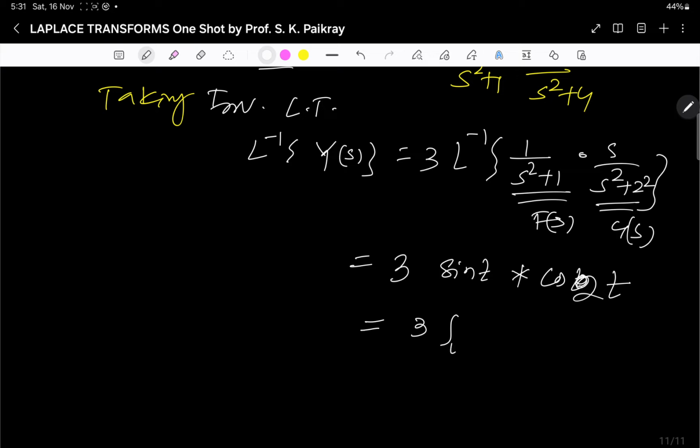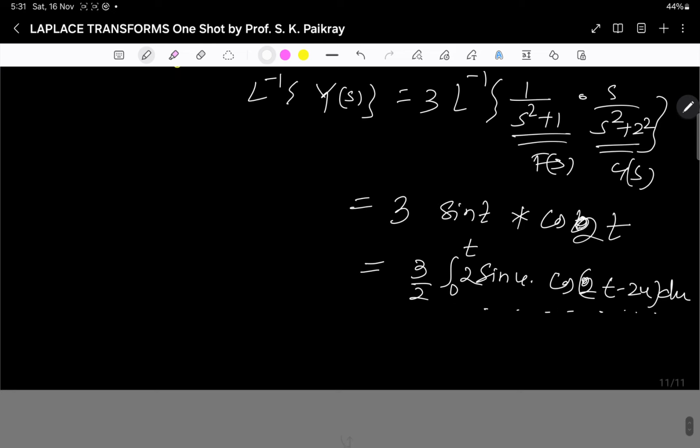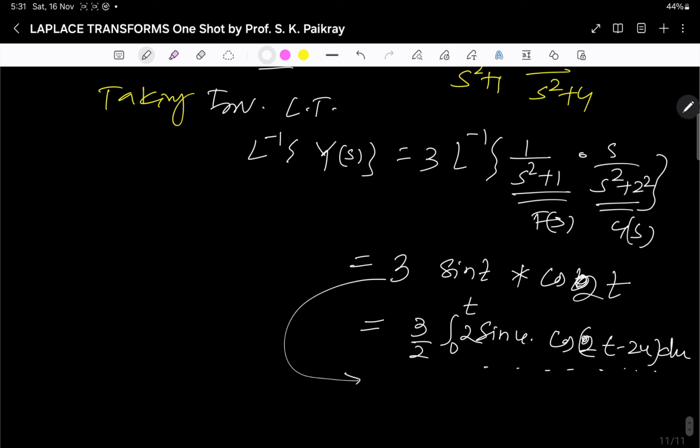It is 3 integral 0 to t f(u) sin u into cos (2t minus 2u), f(u) g(t minus u). Okay, but we are not integrating it exactly. We already remember the formula: sin omega t convolution cos omega t is t sin omega t by 2.